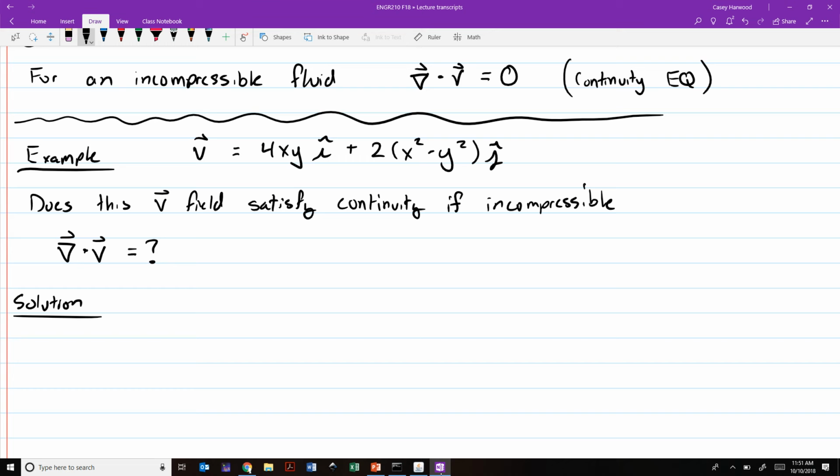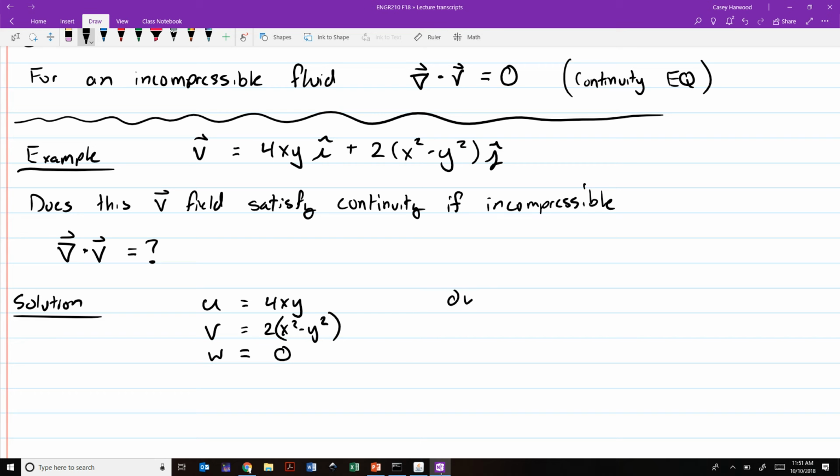Start working out values. We know u and we know v. u is 4xy. v is 2x squared minus y squared. So we've got the i component and the j component. We have a 2D velocity field. There's no z velocity, so we could go ahead and just say that w is equal to 0.